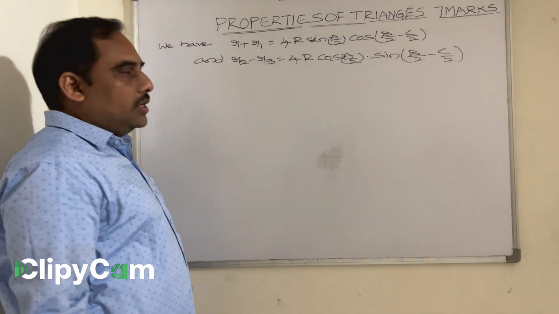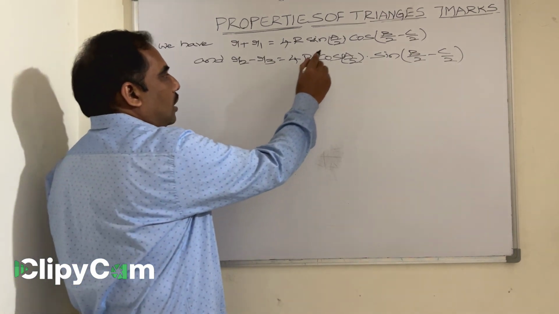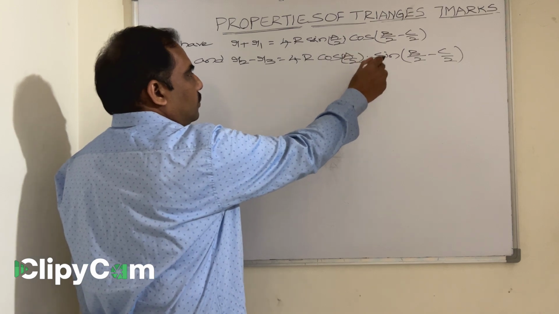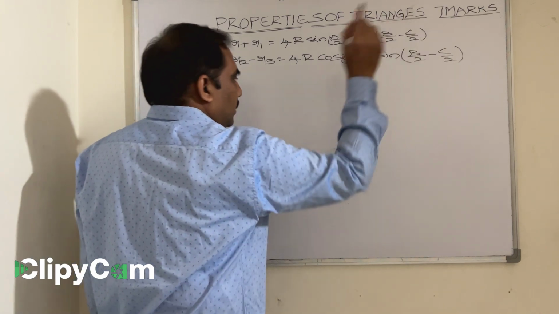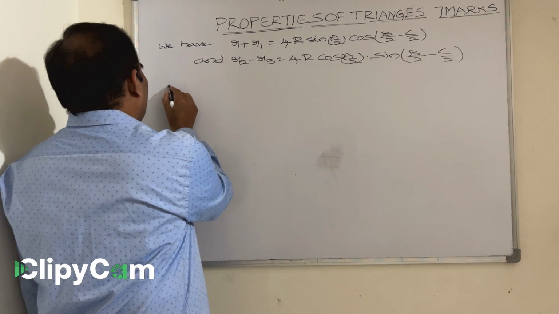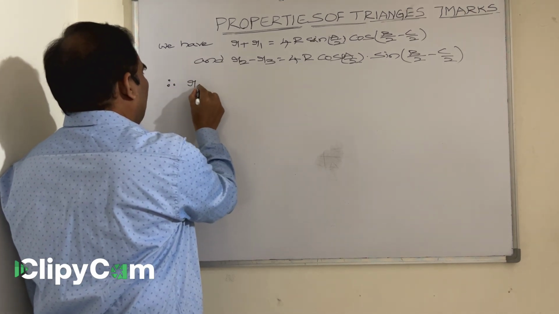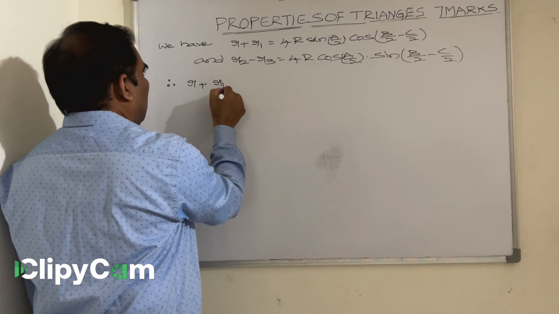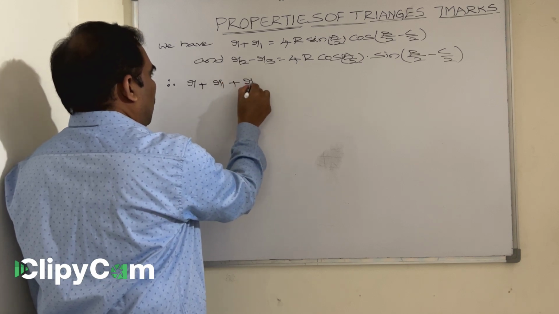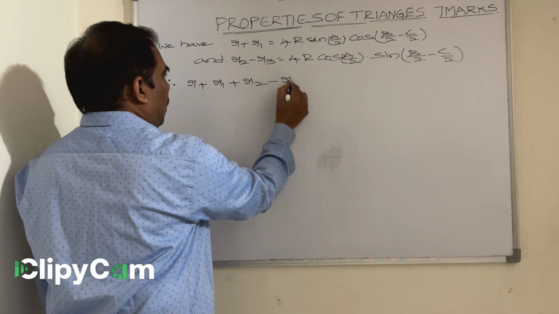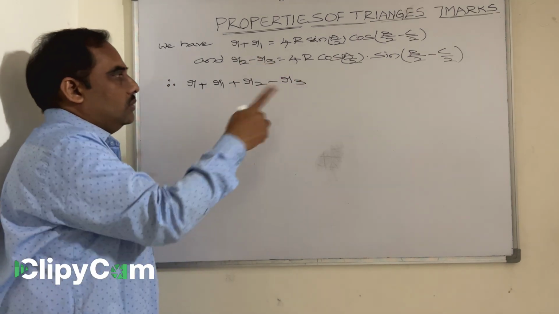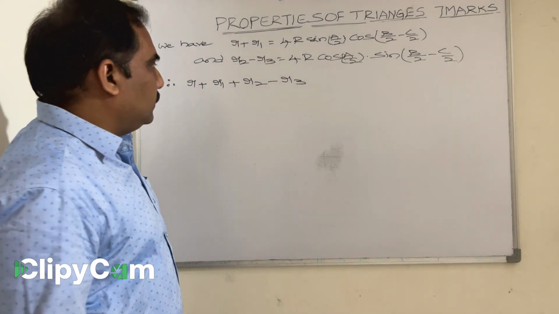R2 minus R3 is equal to 4R cos A by 2 into sin of B by 2 minus C by 2. But what we have to prove is R plus R1 plus R2 minus R3, which is equal to 4R cos C.